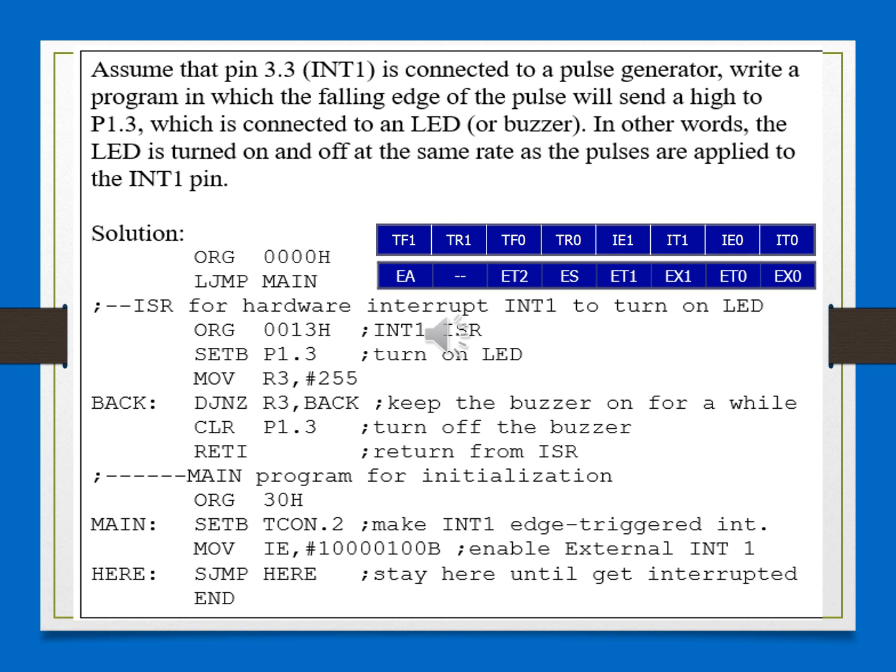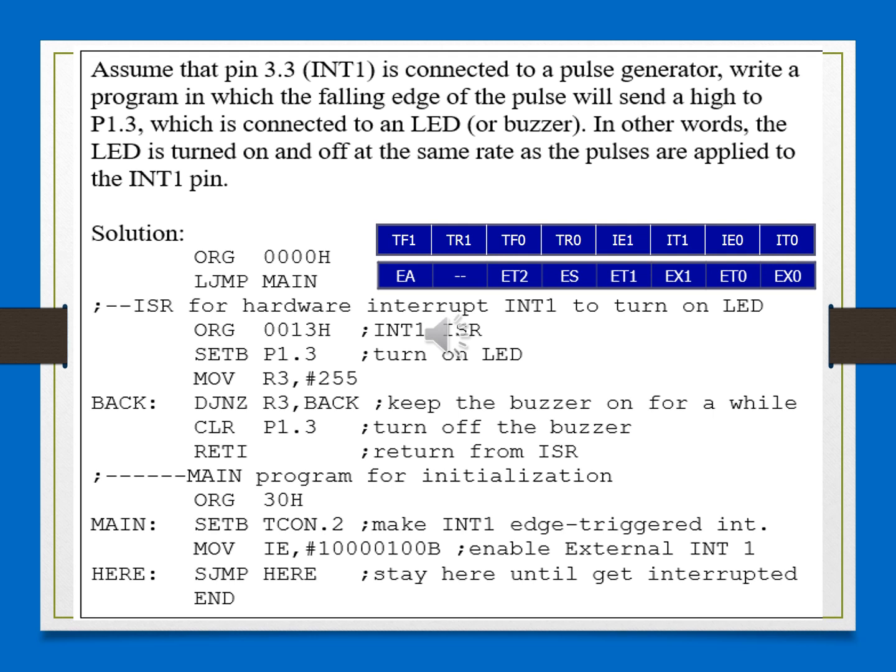Whenever an interrupt occurs, the microcontroller has to stop what it is doing and execute the ISR. What is in the ISR? Go to location 0013H and see what is happening. SETB P1.3: you are making the P1.3 pin high because you have connected an LED there and you want to turn it on.